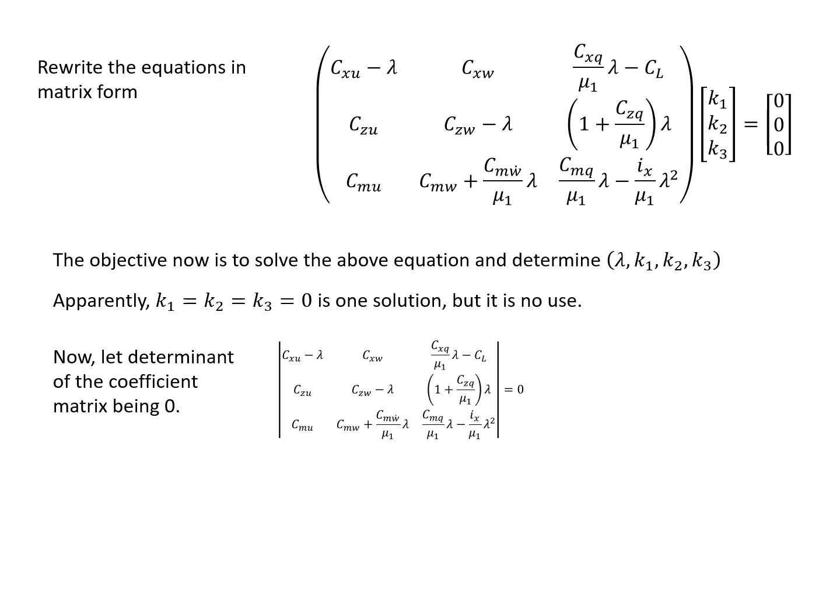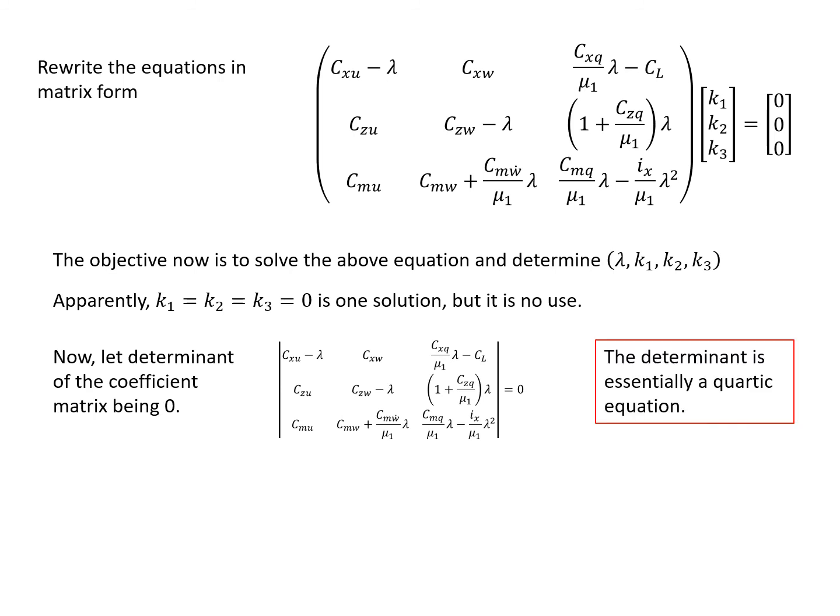The determinant is essentially a quartic equation in lambda. We can write it in this way: a lambda to the 4 plus b lambda cubed plus c lambda squared plus d lambda plus e equals 0.